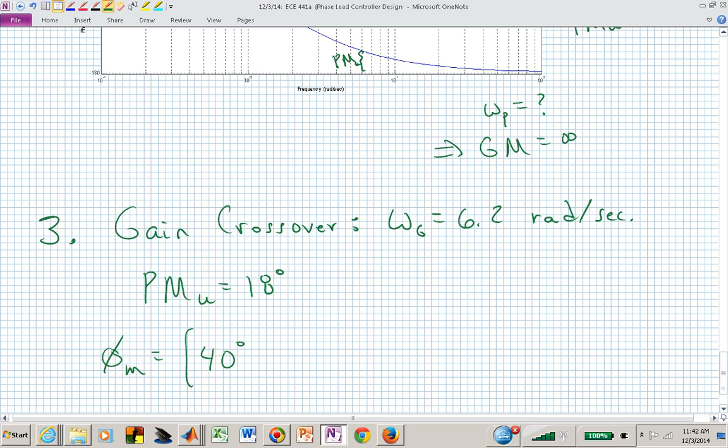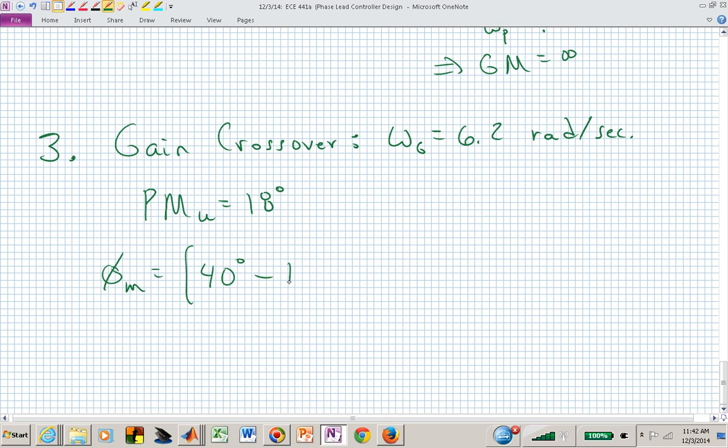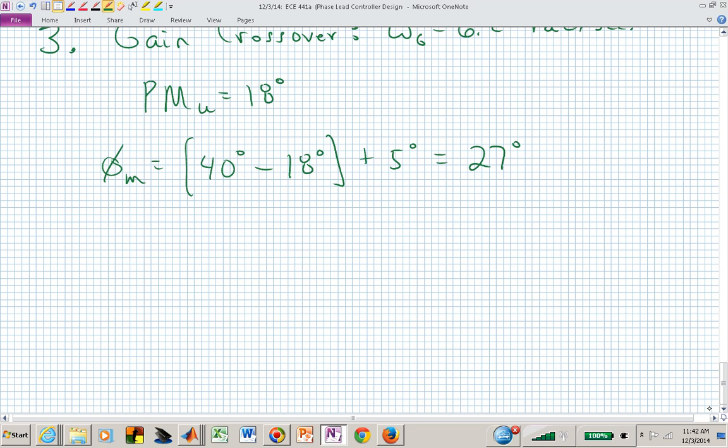So there's our phase margin desired. We take away from that what we already have as far as phase margin and add in a safety margin. We now have 22 degrees plus 5 degrees, or 27 degrees, as our desired angle that we want our controller, this combination of zero and pole, to contribute in this compensated system.